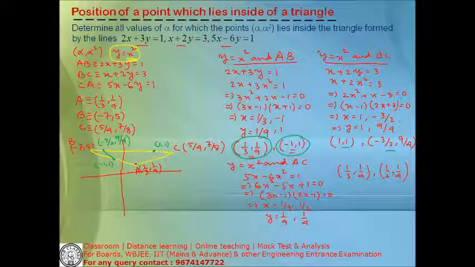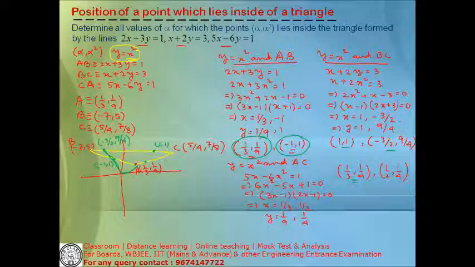though it is not looking like a parabola, but let us just say it is a parabola, okay? Now, it is passing through this point. Moreover, it is intersecting AC. If we observe carefully, we will find that it is passing through the point 1 by 3, 1 by 9, that is the vertex of this triangle ABC, as well as half and 1 by 4. So, half and 1 by 4 is somewhere at this place. Okay. So, though my diagram is not exact, that is why we are not getting the exact figure, but it's okay.